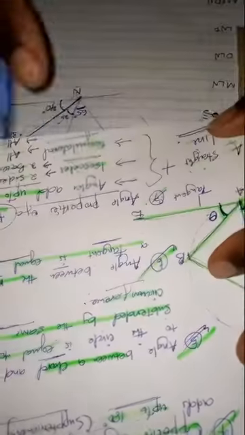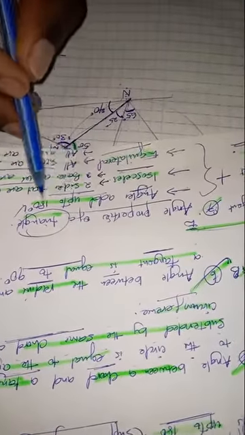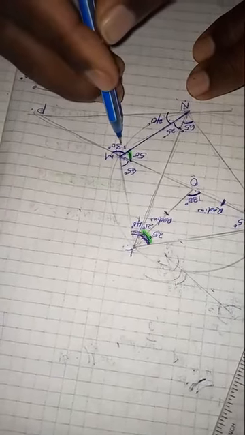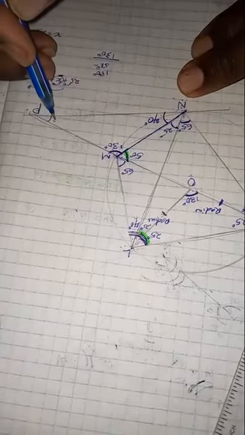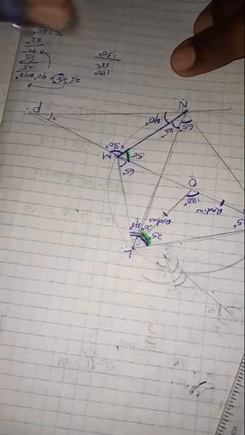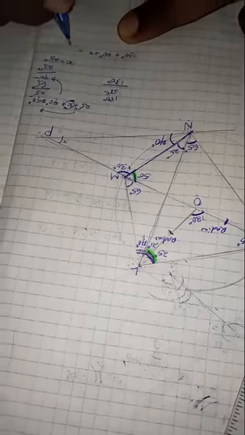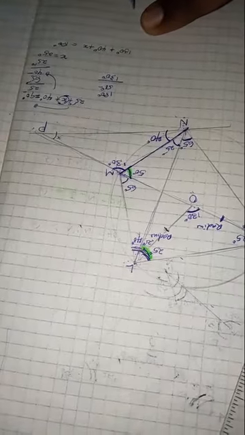Then you use the properties of a triangle, that angles in a triangle add up to 180. So if you take 40 plus 130 plus an angle x there, you're supposed to get 180. 130 plus 40 plus x, it's supposed to give you 180.